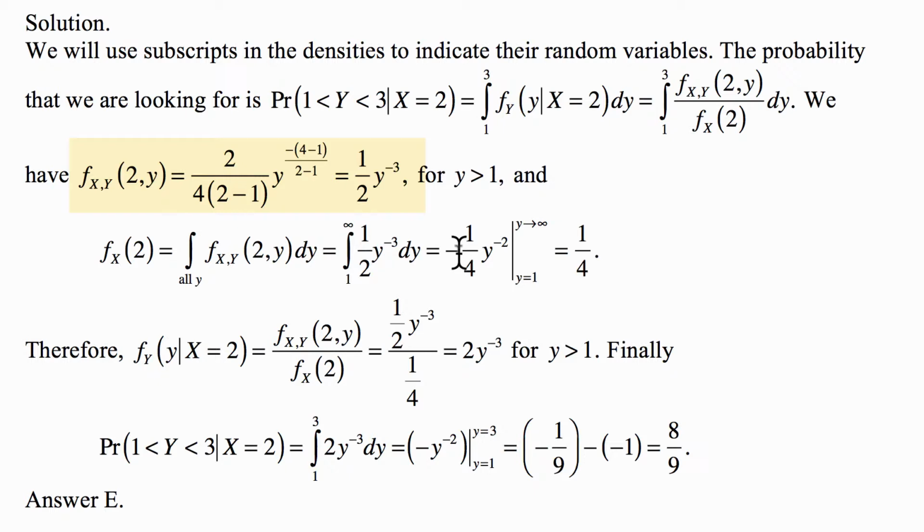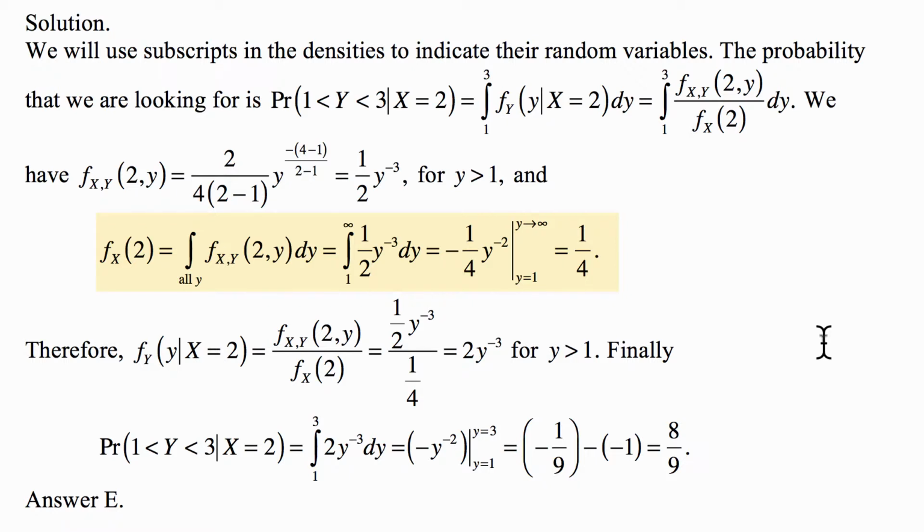And f sub X of 2 is the integral over all possible values of y of f sub XY of 2, y dy. So it's the integral from 1 to plus infinity of 1/2 y to the negative third dy, which is minus 1/4 of y to the negative 2.